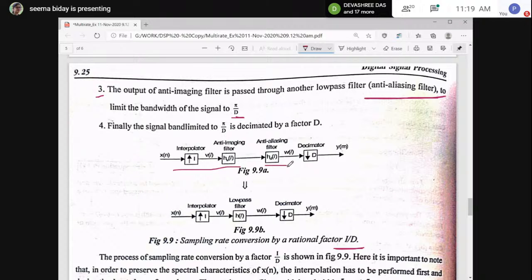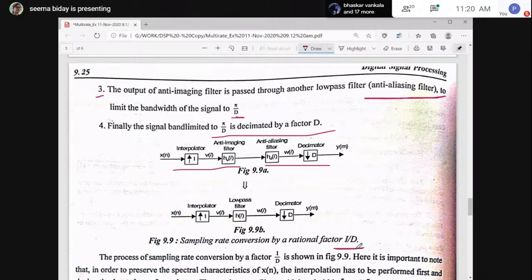It is placed prior to the decimator to avoid the aliasing effect due to the decimator. Finally, the signal band limited to pi by D is decimated by a factor of D. These are all four steps used to convert the sampling rate by a rational factor I by D.